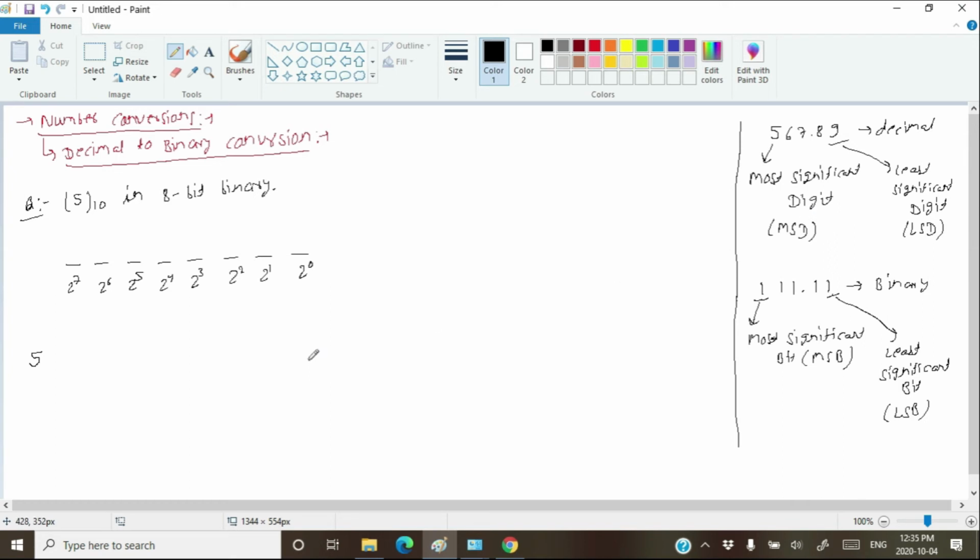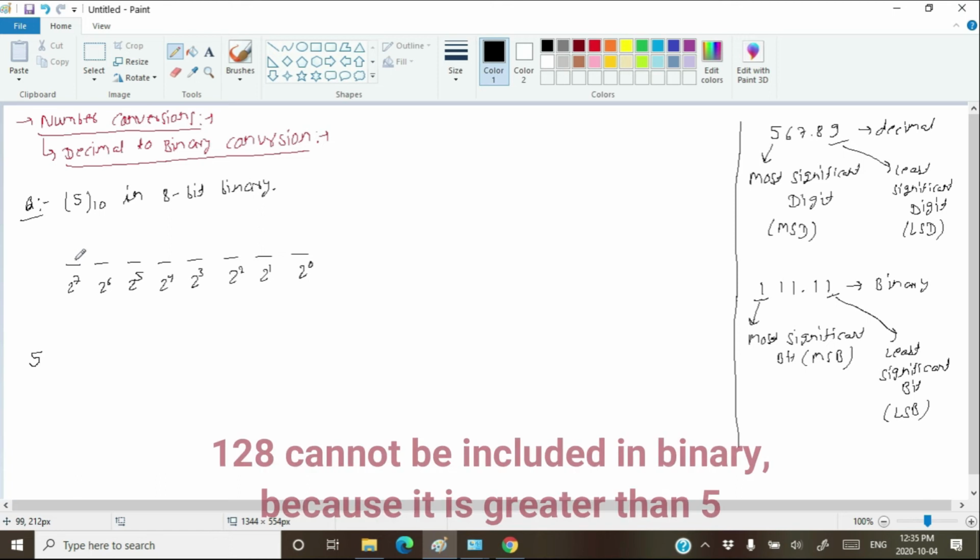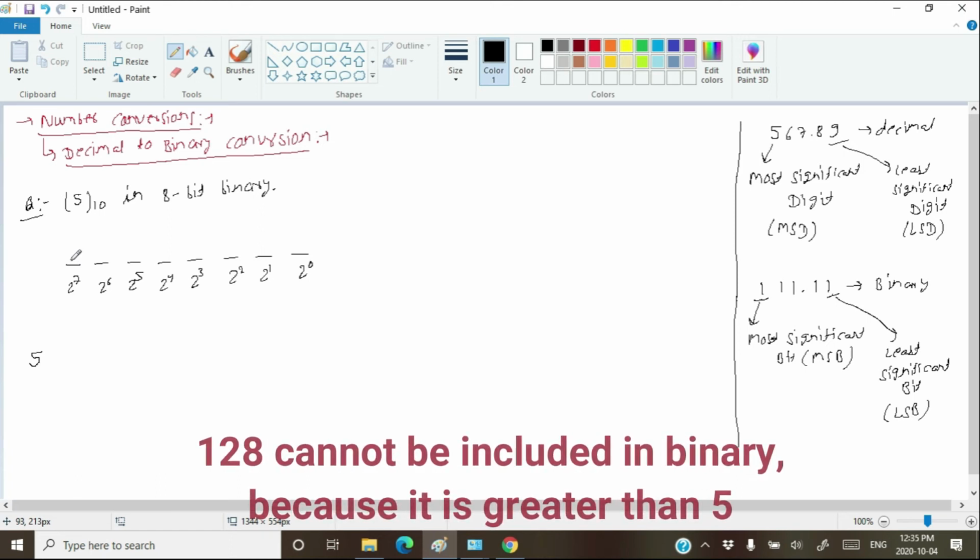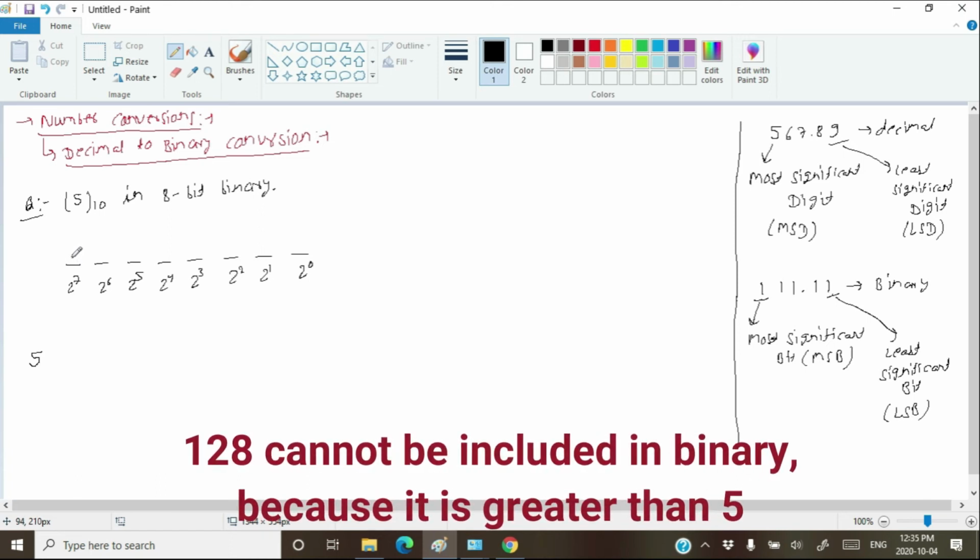So now coming to the point, what you have to convert? You have to convert decimal 5 into binary. So here is your 5. Can you include 128 in your binary? Because 2 to the power 7 is 128. No, you cannot include that, so put here 0.